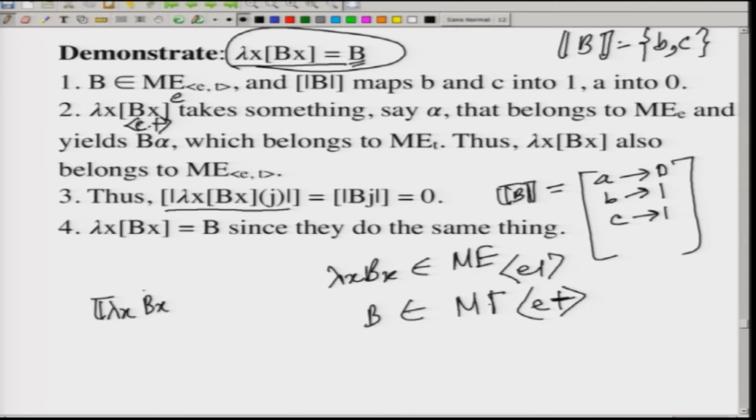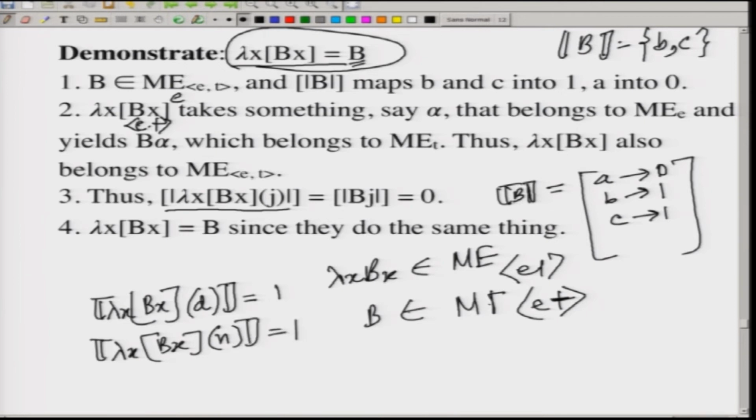Lambda x b x takes d, which means b, I suppose, and maps that to 1, and takes n, I think, and maps that to 1. This is exactly like the mapping of the value of b, that is the denotation of b has the same mapping.